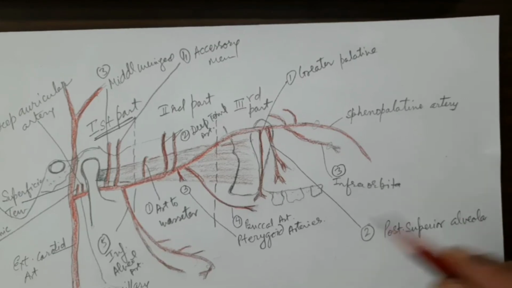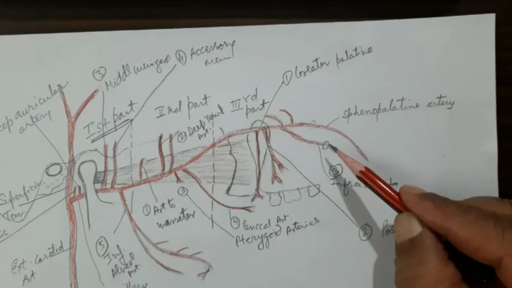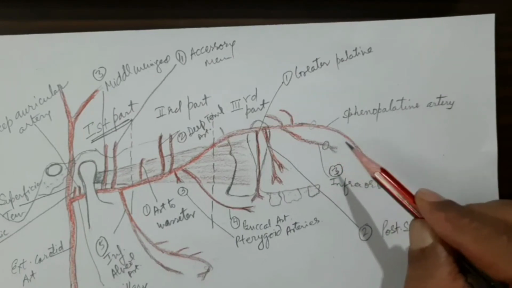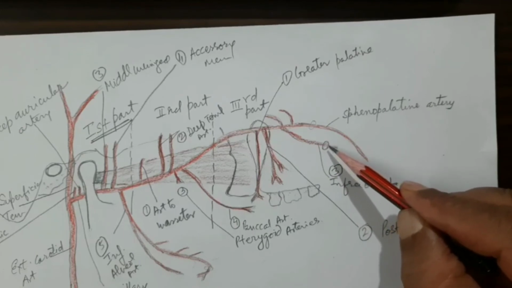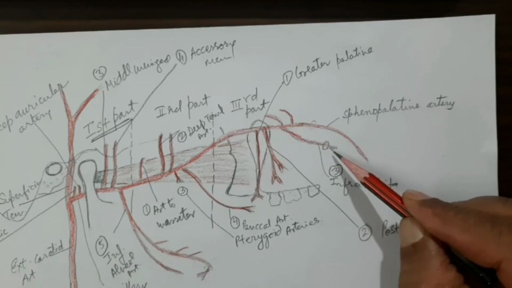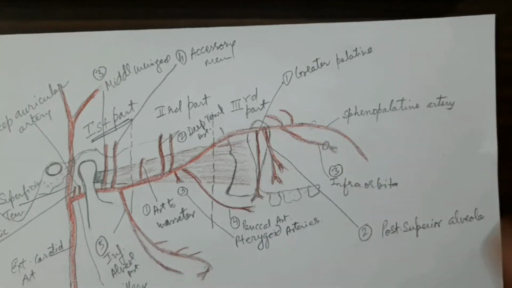The infraorbital foramen lies just below the lower margin of the orbit. There is a big foramen on the surface of the maxilla, and through this foramen the artery comes out on the face.